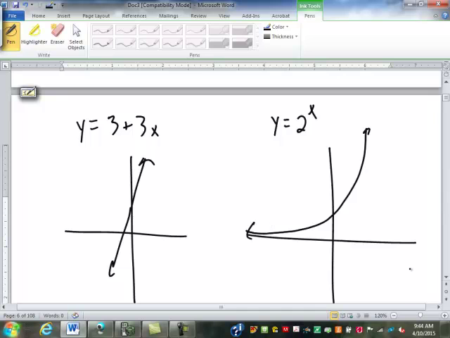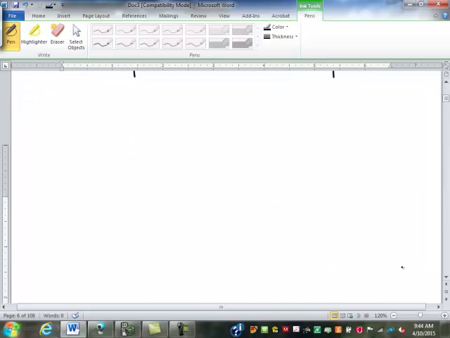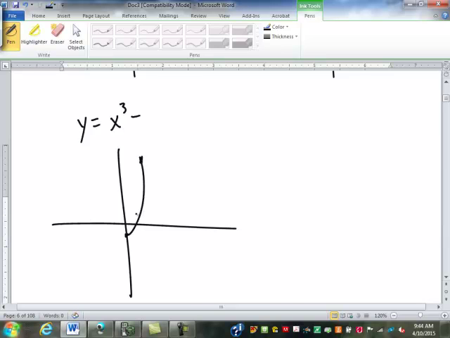Looks something like that. Actually, this should be at 1 here, so I got a little high. Number 7, x cubed minus 1. So, something like that.